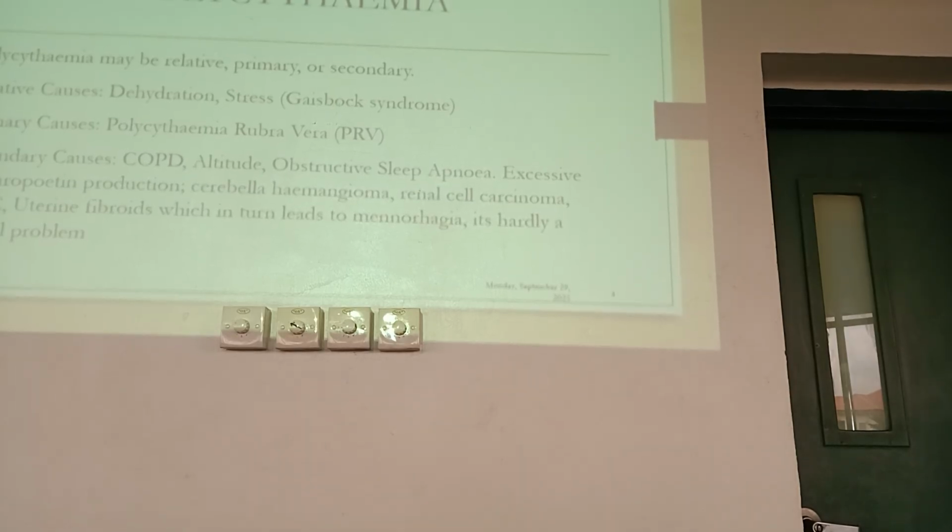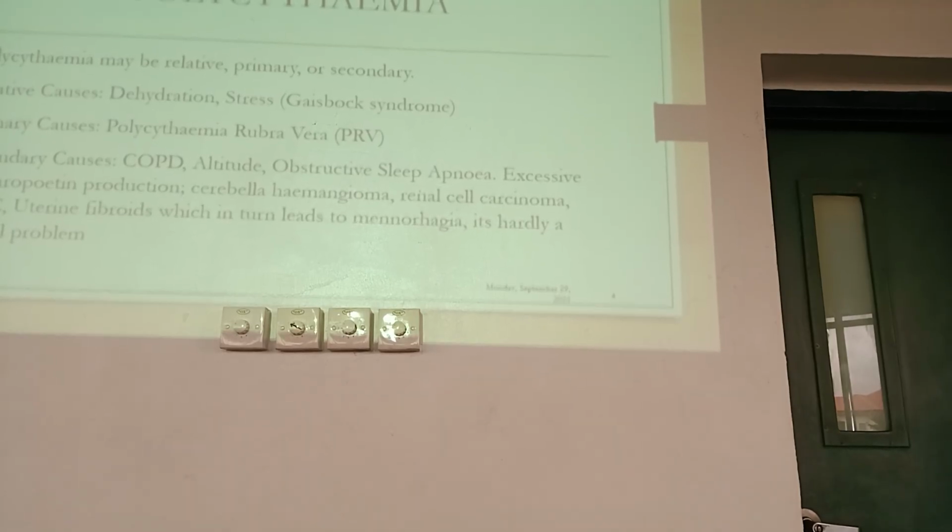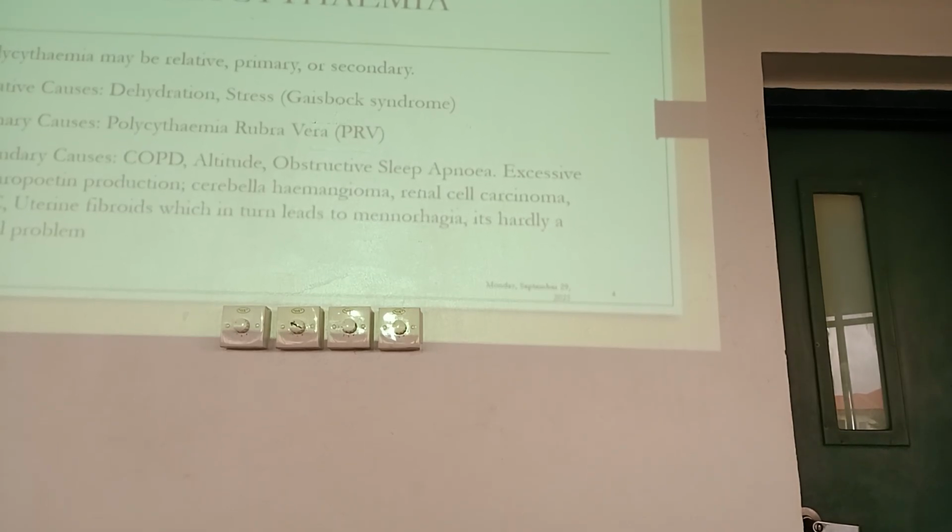Red cell mass is higher in absolute polycythemia, and then PCV is also high, but in relative, red cell mass is normal. If it were possible to count the number of red cells in you, it is not higher than normal, but the PCV is high. That's relative polycythemia.